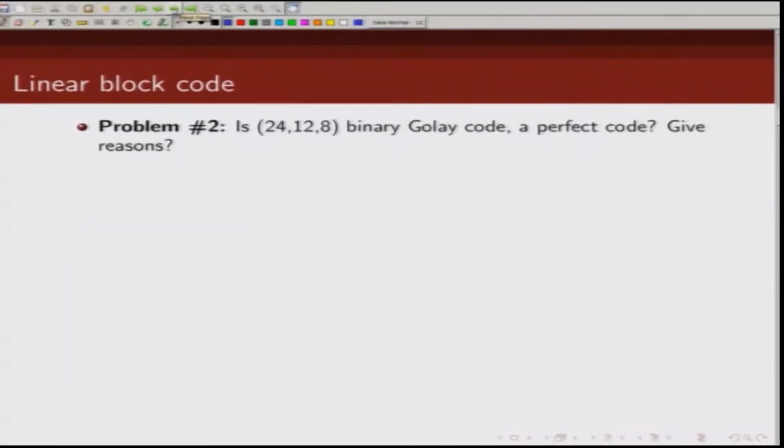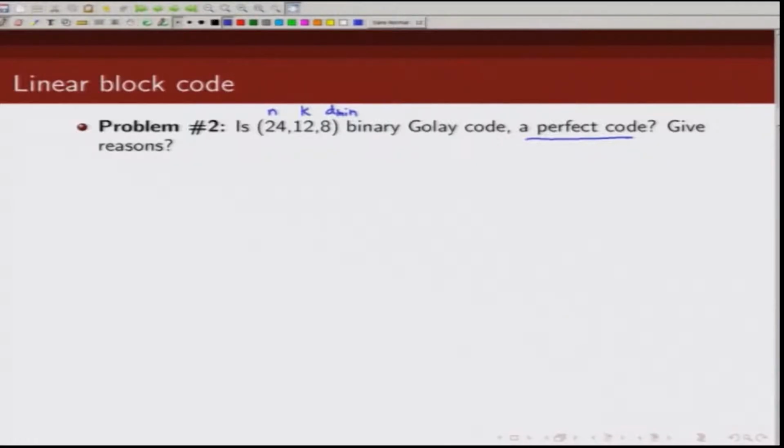The next question is: the (24, 12, 8) binary Golay code, is this a perfect code? Again here n is 24, k is 12 and minimum distance is 8. Now, what is a perfect code?